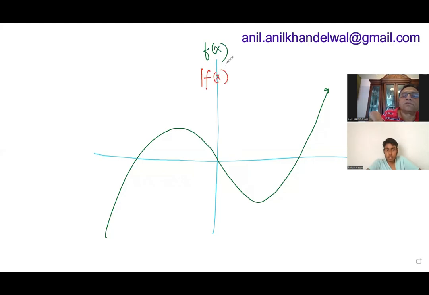Can you tell me? So, how can we sketch the absolute value of f of x, sir? Yes, sir. So, assuming that this graph, by the looks of it, is a cosine function. No, cubic function. It's a polynomial. It's going down and up.